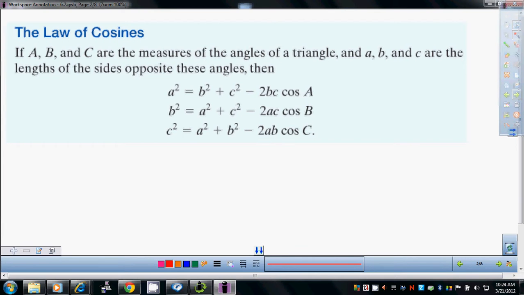Just like the last formula we did, this is just the same formula written 3 times. You only have to write it once, and I'll just point out to you why they wrote it 3 times.